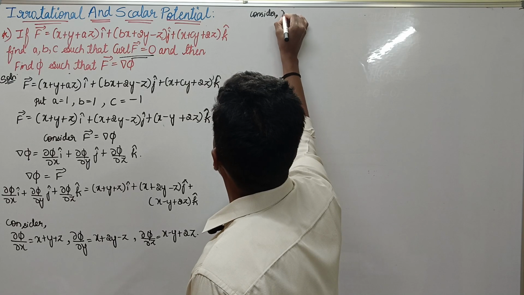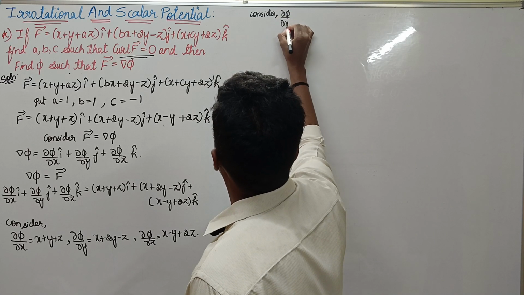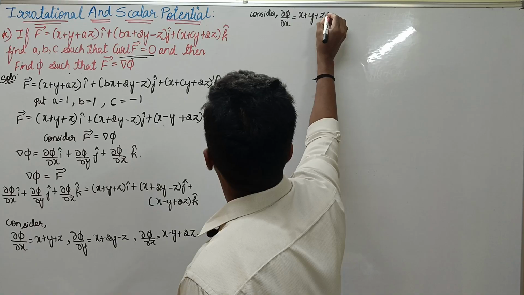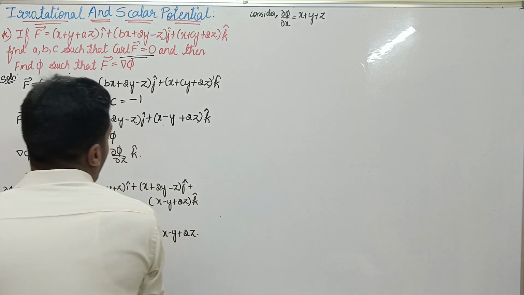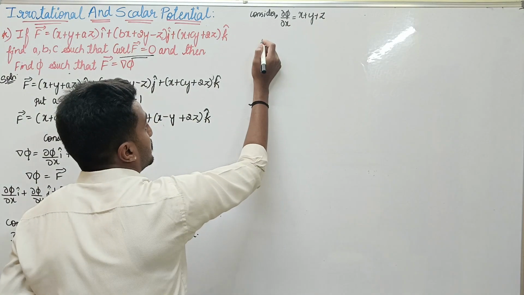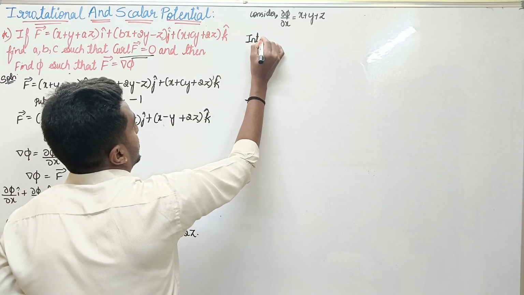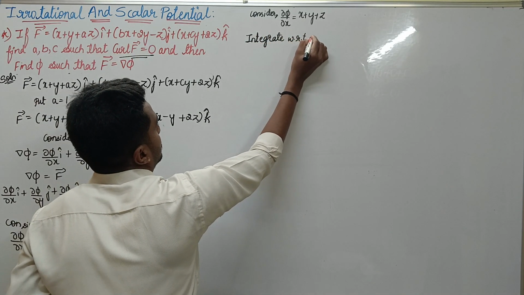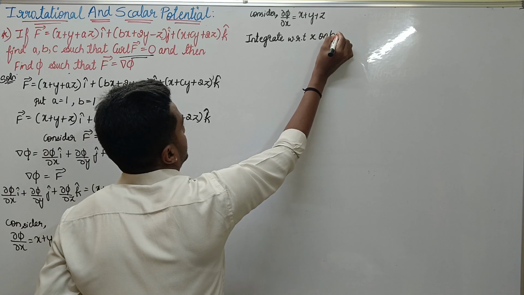Now consider dou phi by dou x equal to x plus y plus z. To find the scalar function phi, I am going to integrate with respect to x on both sides.